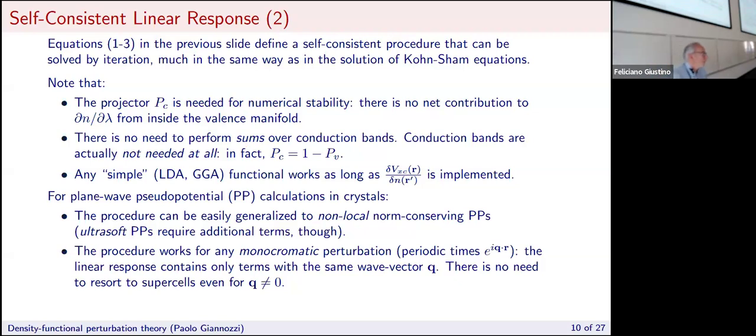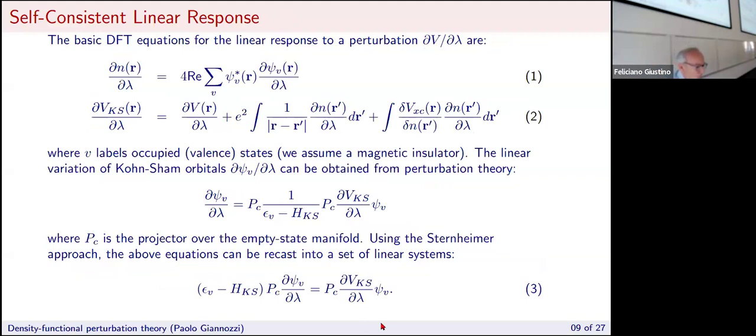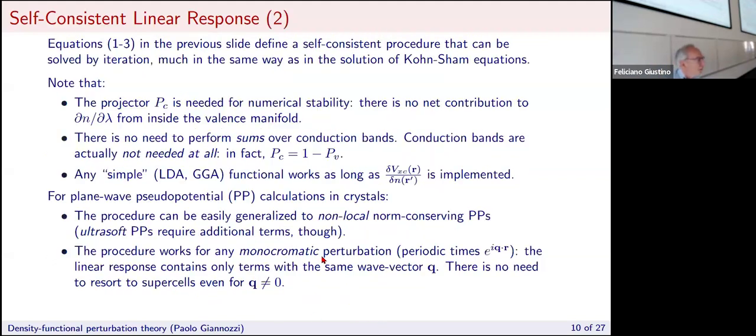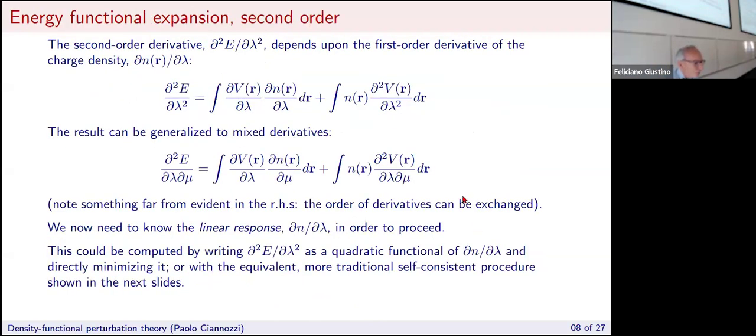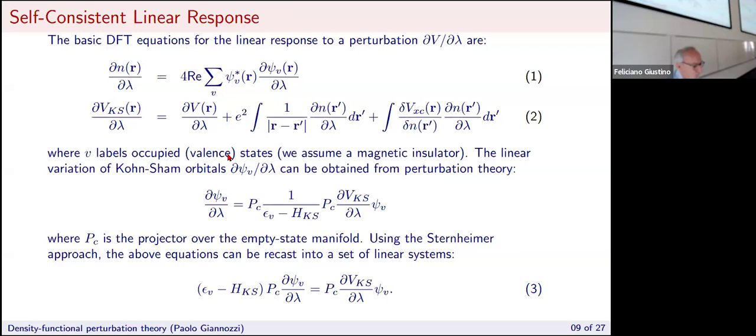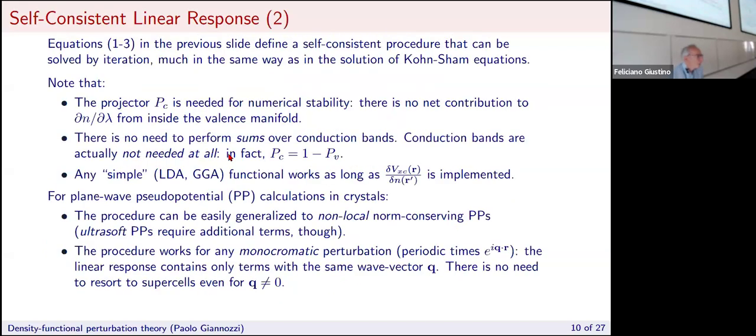I'm not going into detail. There are some terms that appear both in this solution and in the second derivative of the energy. But anyway, for norm-conserving, non-local pseudopotentials, the procedure is quite straightforward.